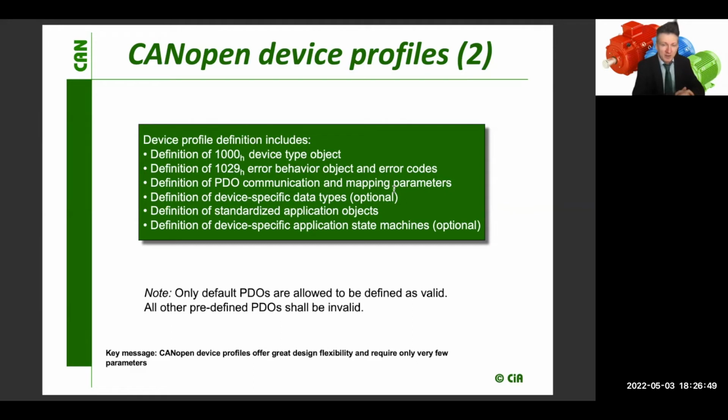Additionally, the device profile has unified communication mapping parameters, so you know this process data, as the CANopen protocol allows you to transmit or receive specific data. It is not limited, it has default settings for the default parameters that you could use, but it doesn't limit you.